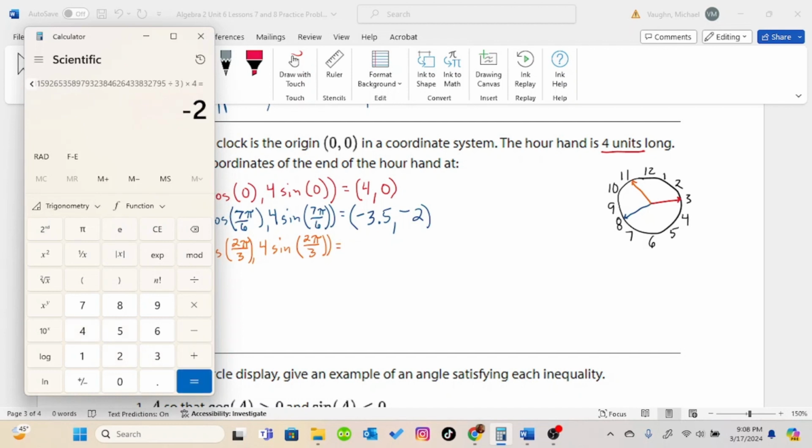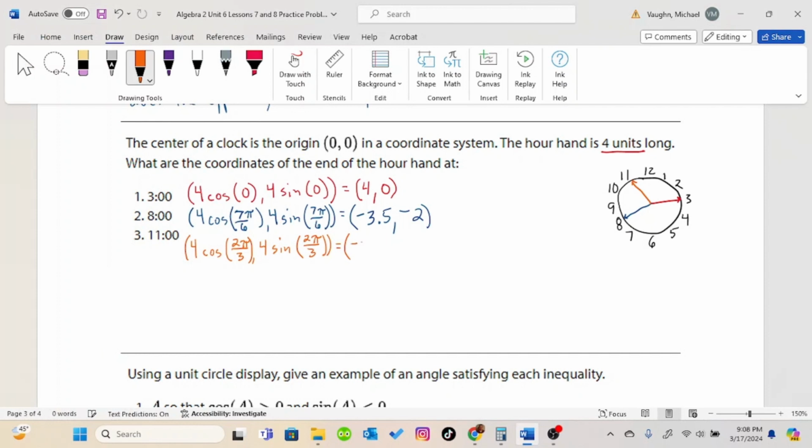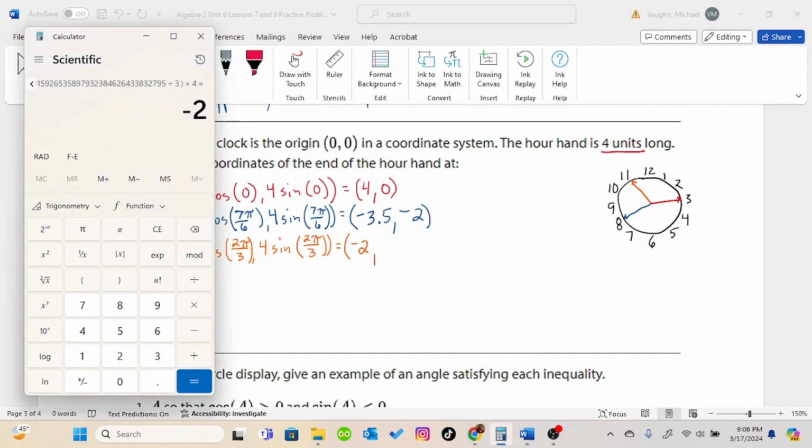And we get -2. Now, parentheses, 2 times pi divided by 3, close parentheses. We want the sine, and then we're going to multiply by 4. And we get 3.5.